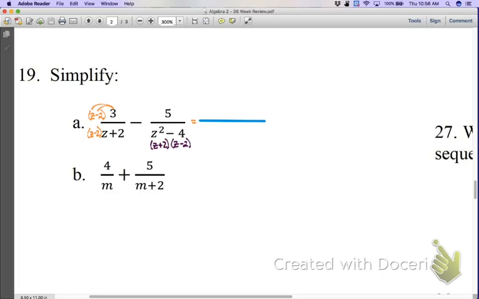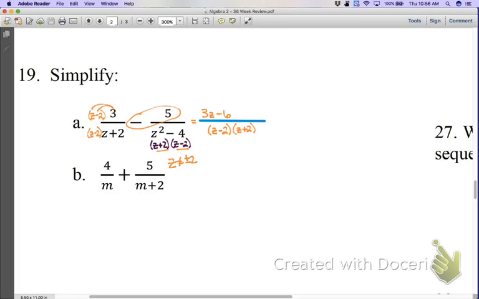So before I do that, what can z not be? What are the two values? Yeah, plus or minus 2, because if we set that equal to 0 and that one equal to 0. So right now my restrictions are plus or minus 2. So then the bottom side, I only have to write this once, is z minus 2 and z plus 2. So if I distribute that 3, I have 3z minus 6.